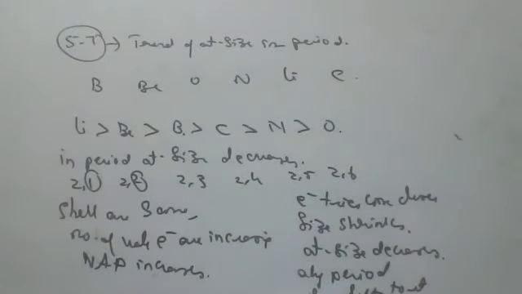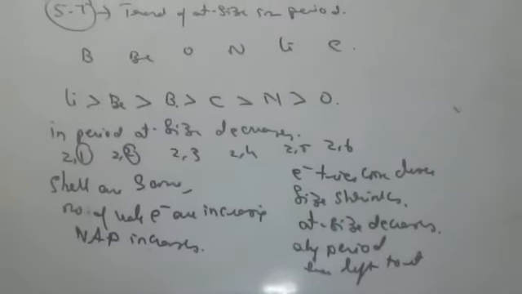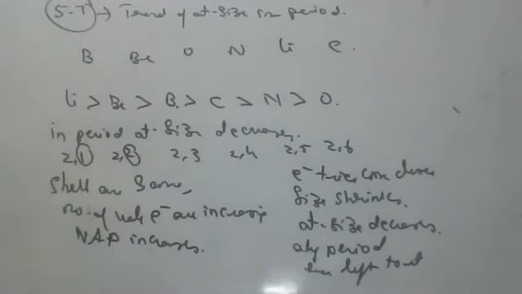Please write down correctly, children, because you should write all this in points. Tomorrow, if I ask in the exam, please write it down. This is 5.7 activity: what happens to atomic size in groups and periods?